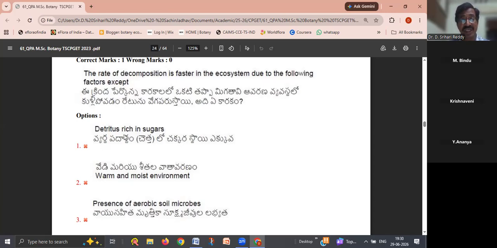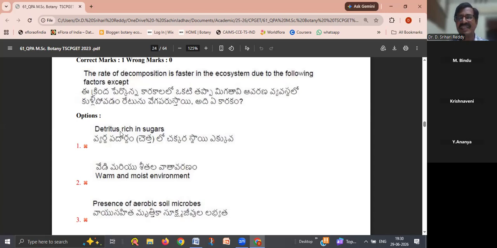But they are asking about the except, that means where the decomposition is slower.